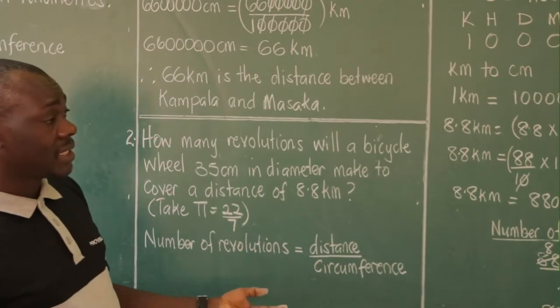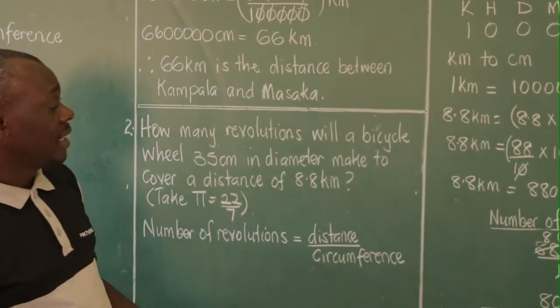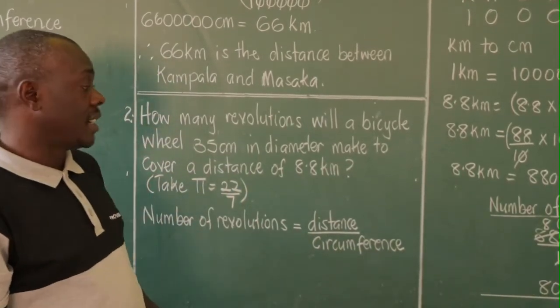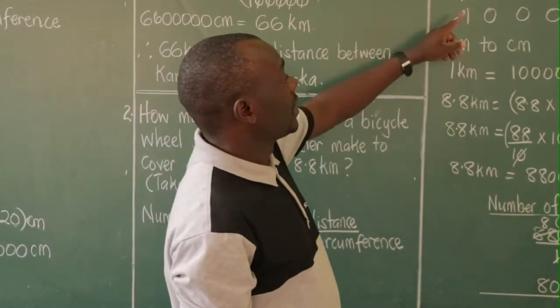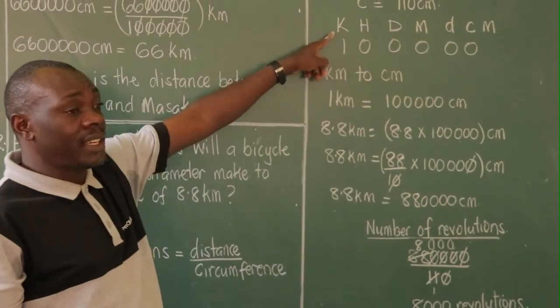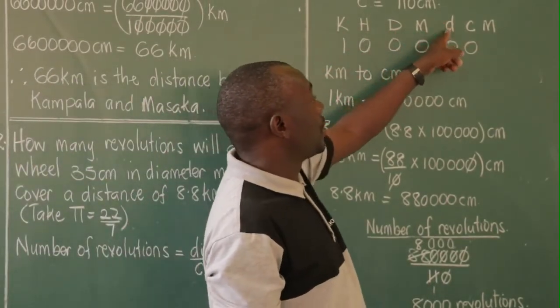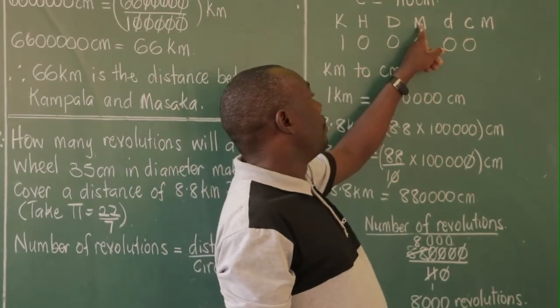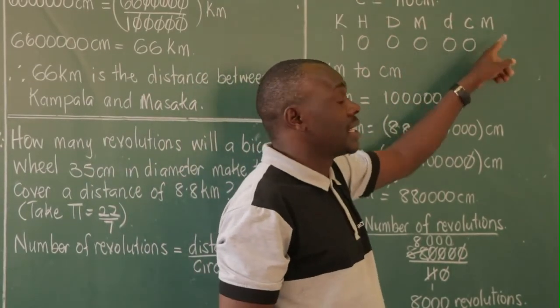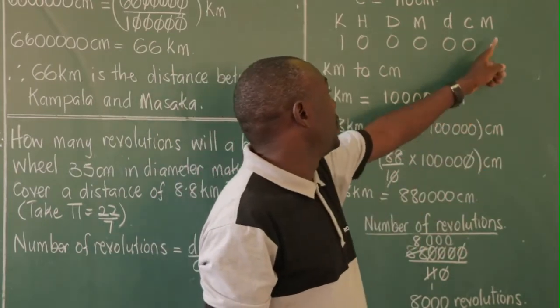So kilometers and centimeters, when compared, a kilometer is far bigger or greater. So convert the greater to a less. And therefore, we still say King Girl's daughter Mary drank old milk, which means kilometers, hectometers, decameters, meters, decimeters, centimeters, and millimeters.